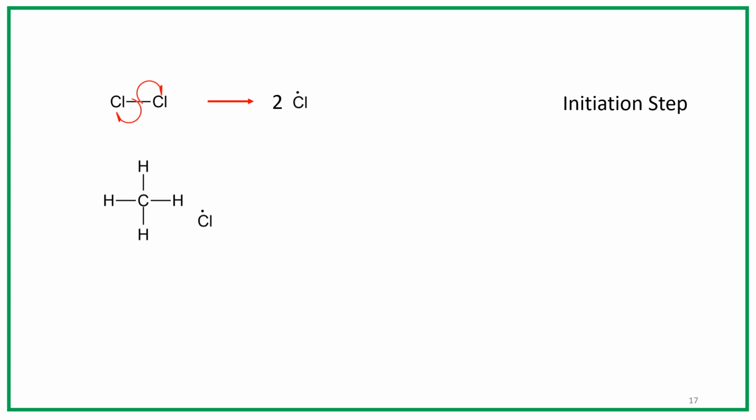Then these radicals are now highly reactive, so if this organic molecule meets these radicals, it can take electrons to neutralize, and therefore this organic compound also can make another radical, which we call CH3 radical, and an HCl molecule.